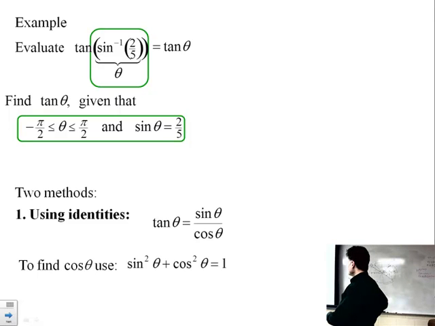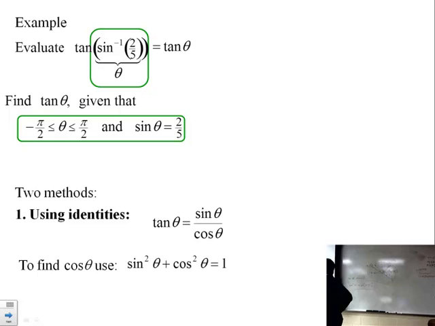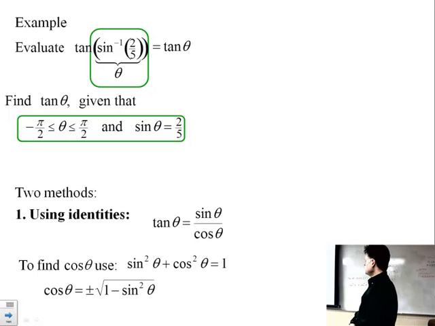To find cosine, we use a Pythagorean identity and solve for cosine of theta: plus or minus the square root of 1 minus sine squared theta. Is it plus or is it minus? It's going to be plus, because we're in quadrant 1. Even if we were in quadrant 4, it would still be plus.